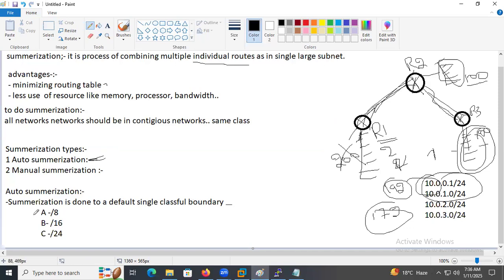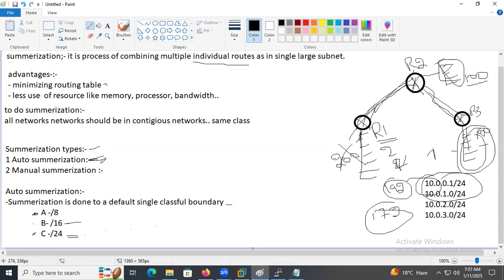For class A, the default subnet mask is /8, class B is /16, class C is /24. What does /16 mean? 255.255.0.0. Class C, /24, is 255.255.255.0.